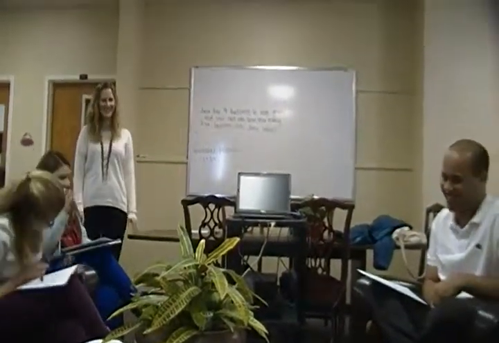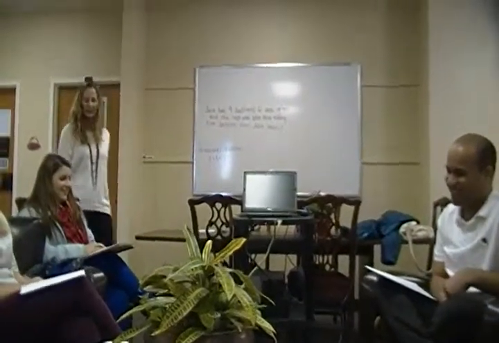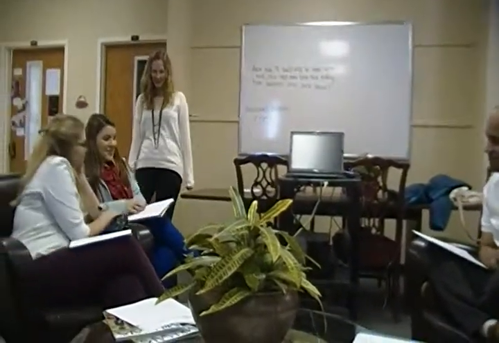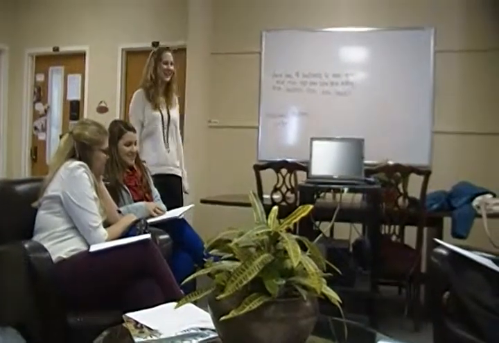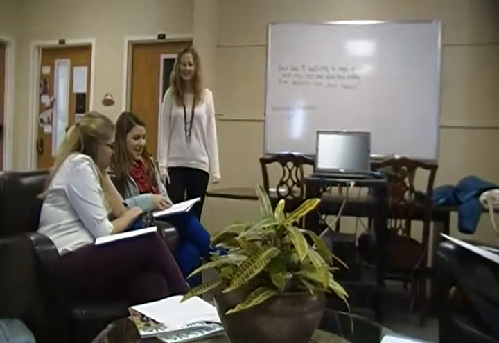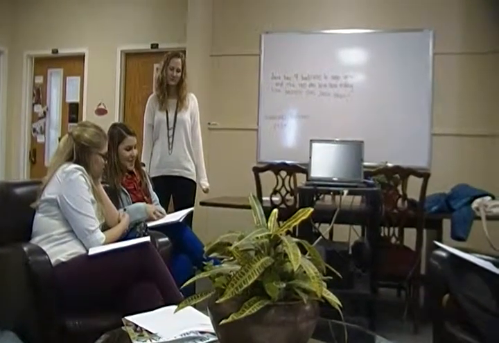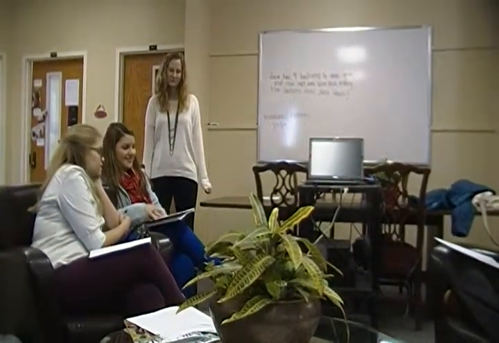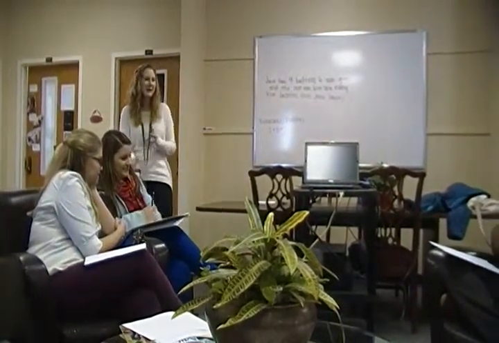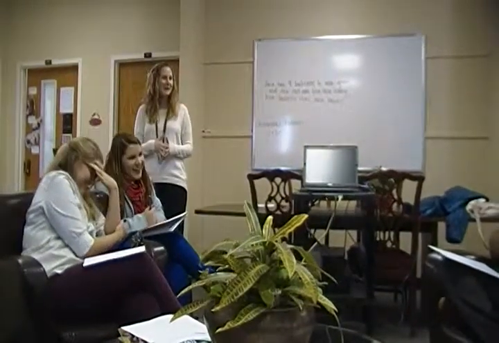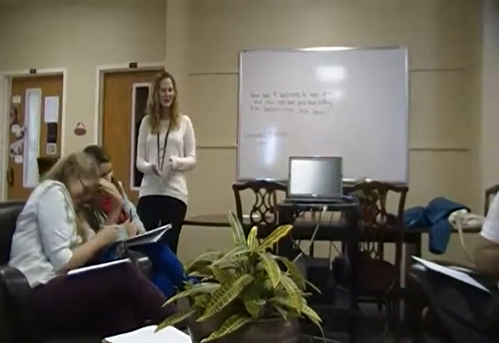Y'all are doing excellent. Laura and Sarah, did y'all write one together? Yes. Let's hear it. Bob ate 3 pancakes, but then he wanted 2 more pancakes. How many more pancakes will he eat? Now, how many pancakes will you eat together? All together. Oh, that's okay. You maybe got a little confused. Can somebody maybe recognize where they got confused in their word problem?